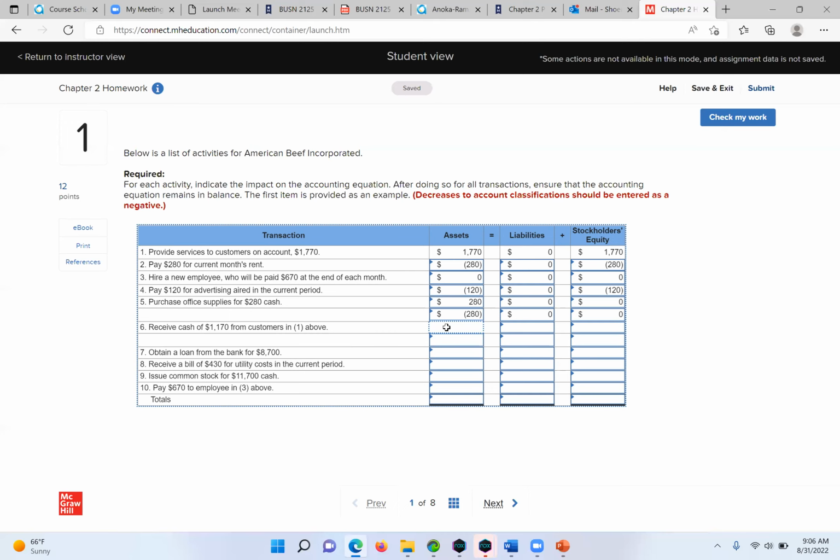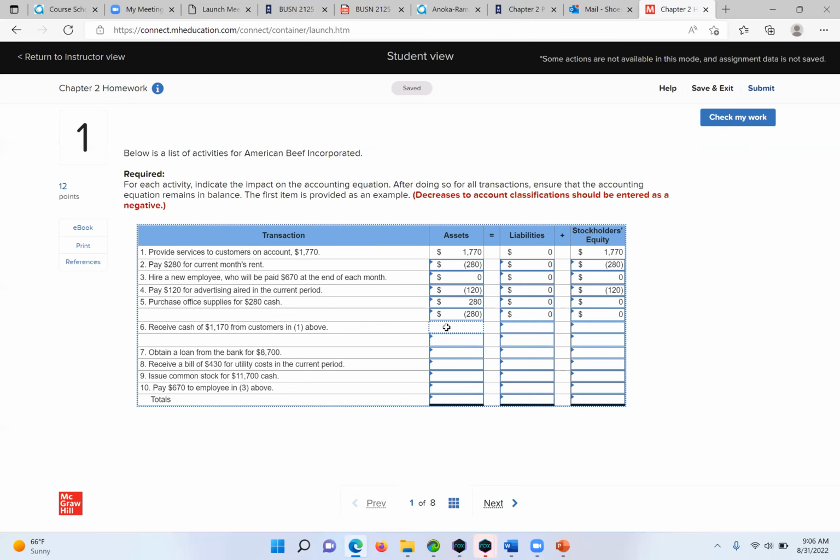So in one, it said we provided services to customers on account. What that meant was we provided a service, they promised to pay us. We have a revenue, accounts receivable due. What number 6 is saying is we got the money from the client above.